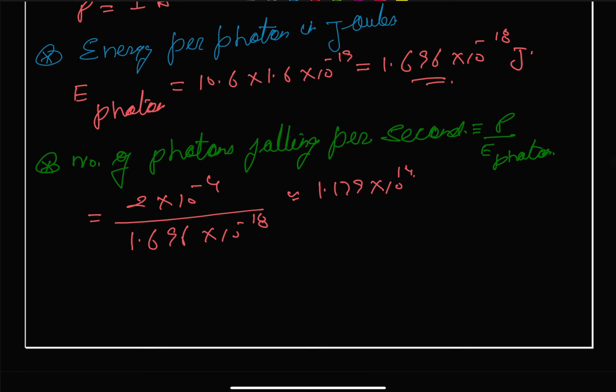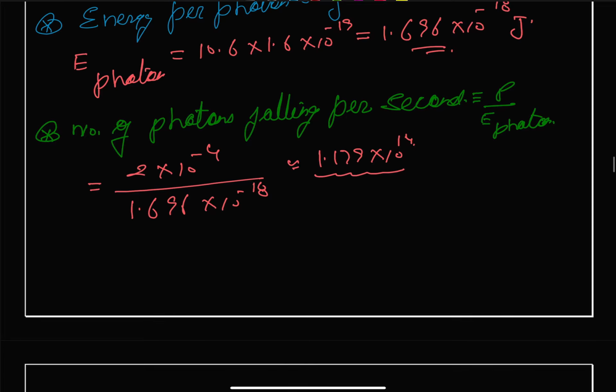We are given that the efficiency is only 0.53%, but the actual number of photons falling per second is 1.179 into 10 to the power 14. So we simply multiply by the efficiency.